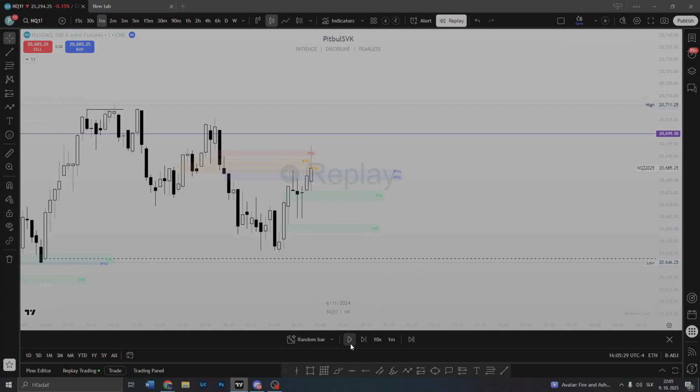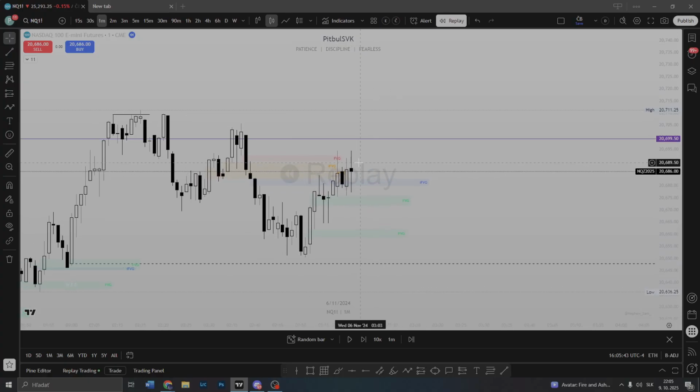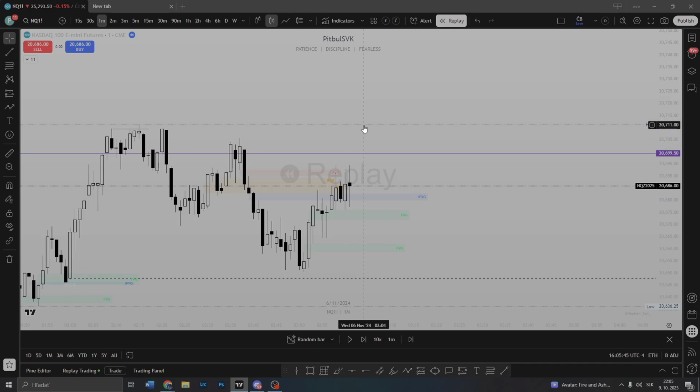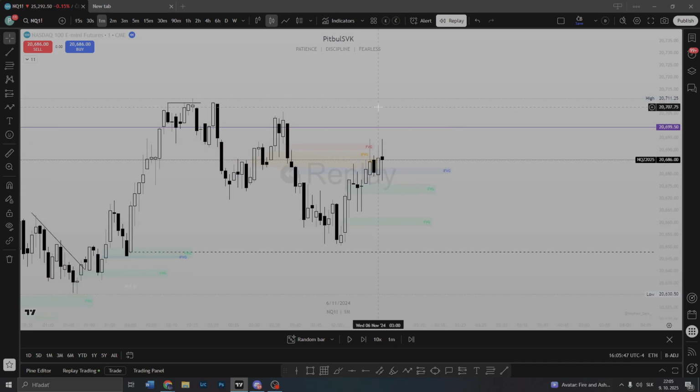A large wick. You can see by these candles, if you don't get a FOMO candle right now to the highs, we should go lower at least one more time.